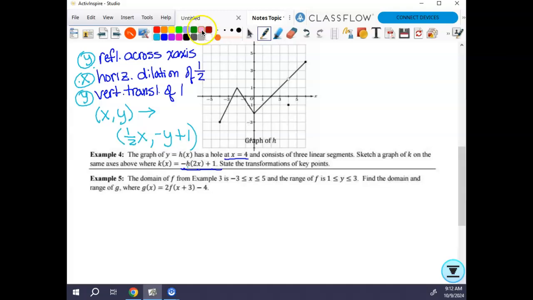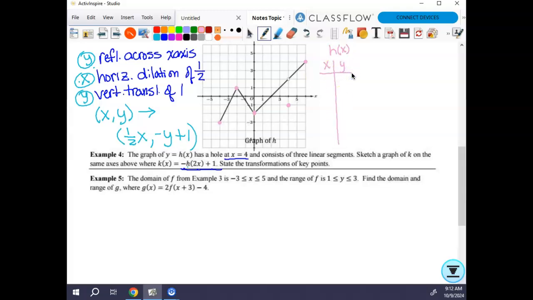So then, let's pick our points here. I think just probably the endpoints, and then that random point there, because we had a hole, but there was a point down there at (4, -1), right? So that is our H. So H of X, let's make our little T-chart for that.